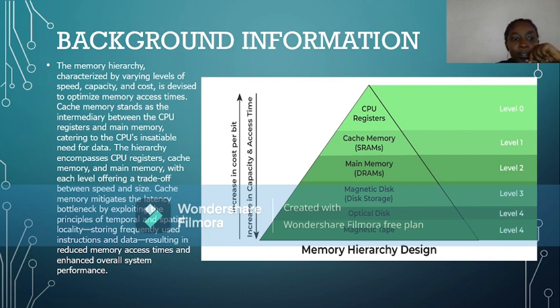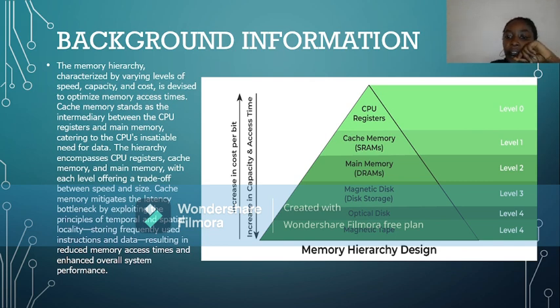The hierarchy encompasses CPU registers, cache memory, and main memory, with each level offering a trade-off between speed and size. Cache memory mitigates the latency bottleneck by exploiting the principles of temporal and spatial locality, storing frequently used instructions and data, resulting in reduced memory access times and enhanced overall performance.